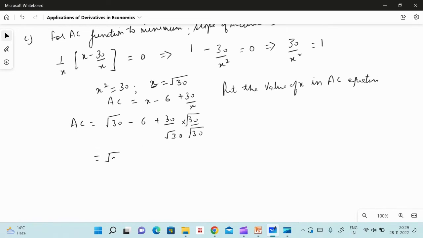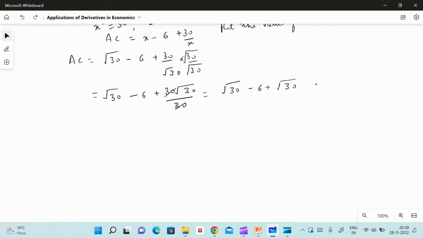Solving it further, I will get root of 30 minus 6 plus 30 root 30 divided by 30. Clear? It will cancel, and ultimately I will get root of 30 minus 6 plus root of 30. Now, if we solve it further, I will get 2 root 30 minus 6, right?